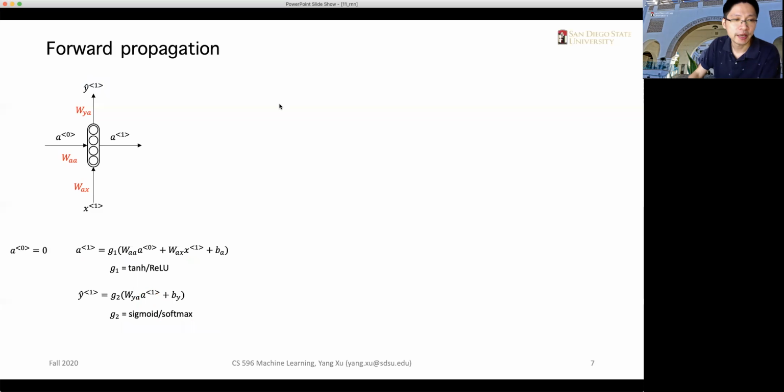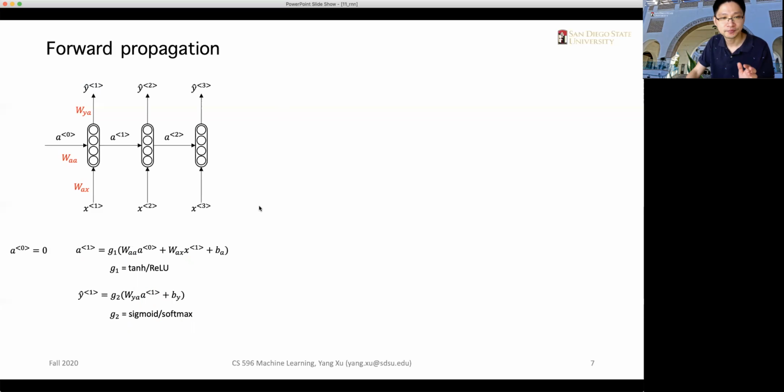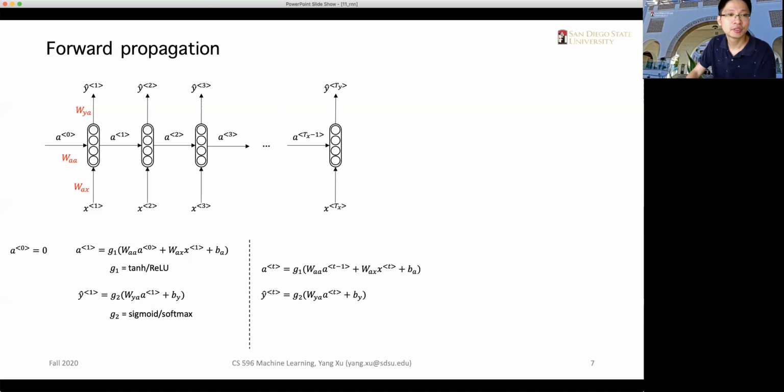Anyway, let's look at the second time step. The different place for the second time step is that we need to use the activations from the previous time step to compute the current activation. Here I put the more general form of the equations.